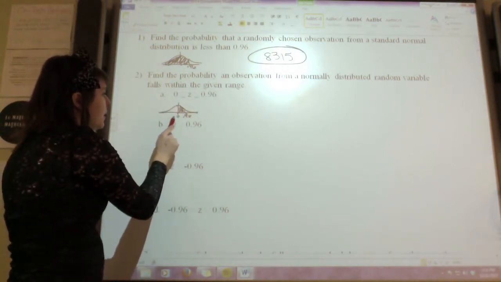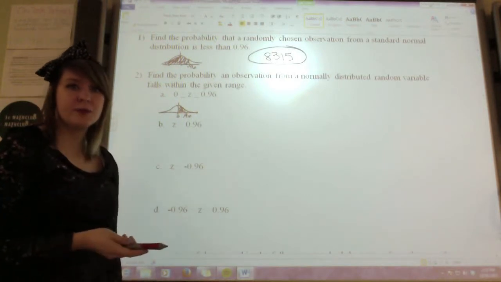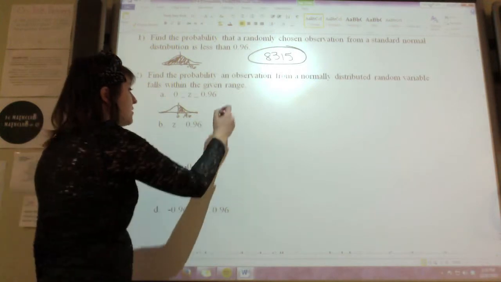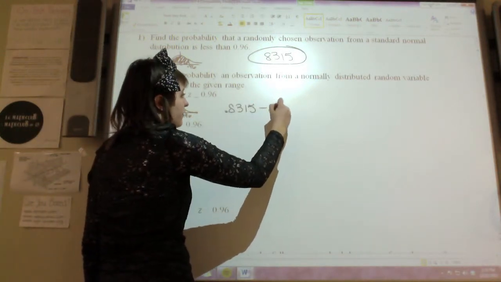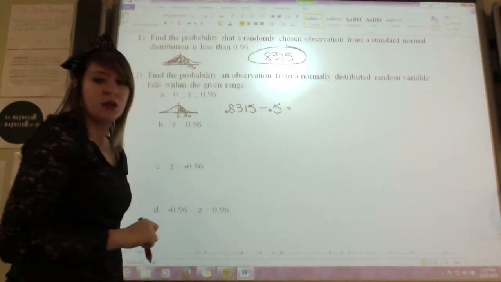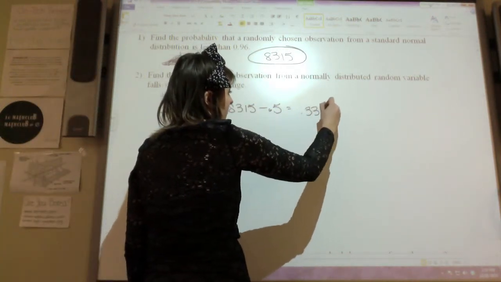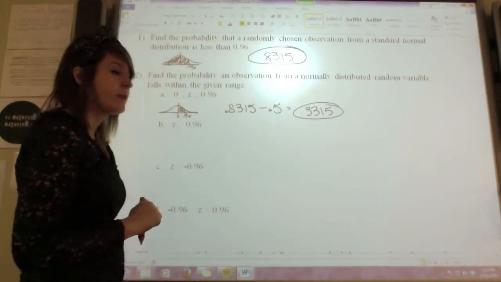And I'm just getting rid of all the stuff that's below 0. Well, all the stuff below 0 is just half of 1, so it's just 0.5. So I can take 0.8315 minus 0.5, and that will give me 0.3315. And that's going to be my probability for this one.